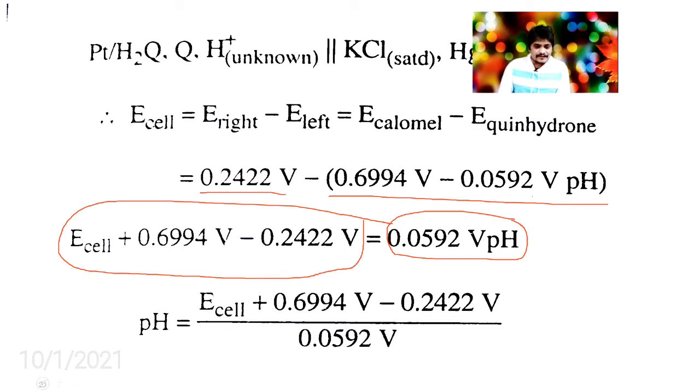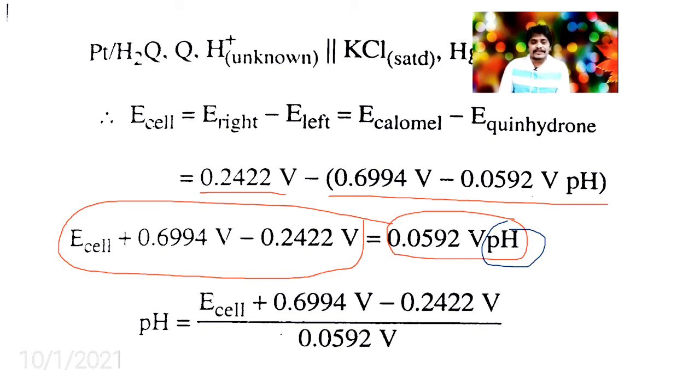Now we need the pH value. So pH equals E cell plus 0.6994 volt minus 0.2422 volt, which is nothing but the electrode potential of the calomel, divided by 0.0592 volt.